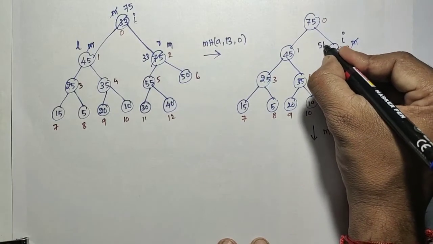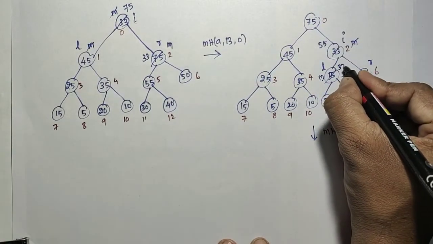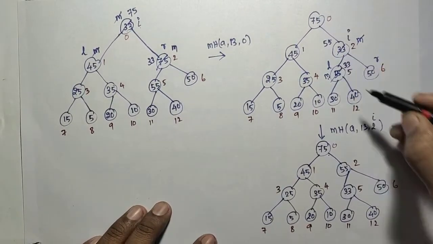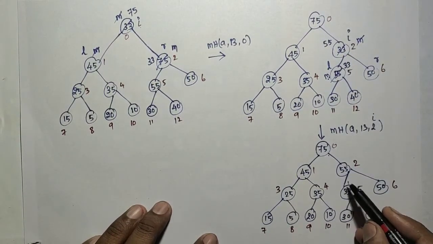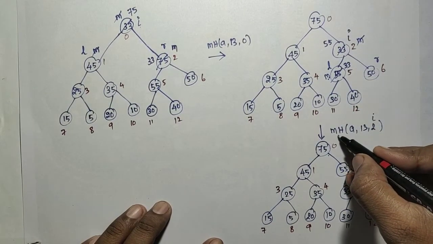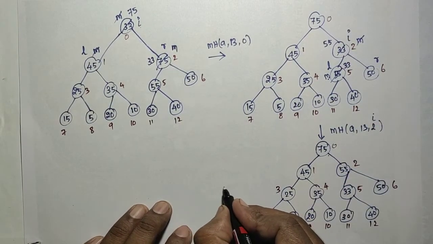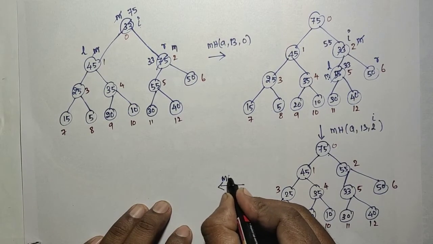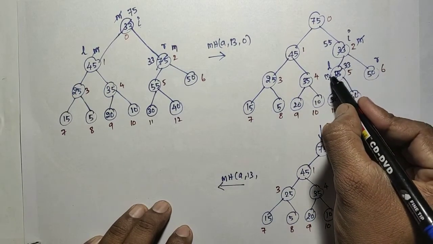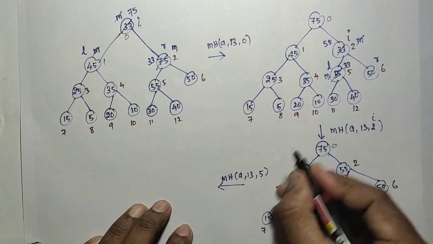So 55 will move to here and 33 will move to this position. After swapping 33 and 55, this is the content. This will again call recursively max heapify of a comma 13 comma size. Now m will be 5, so 5 will be called as m.